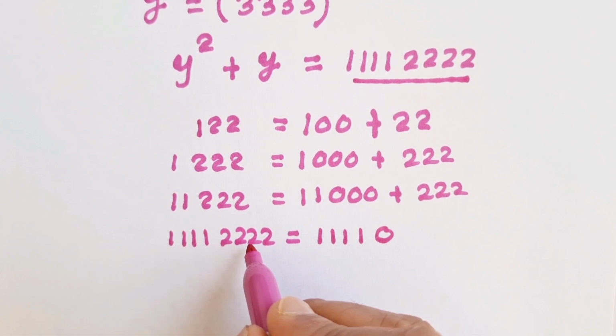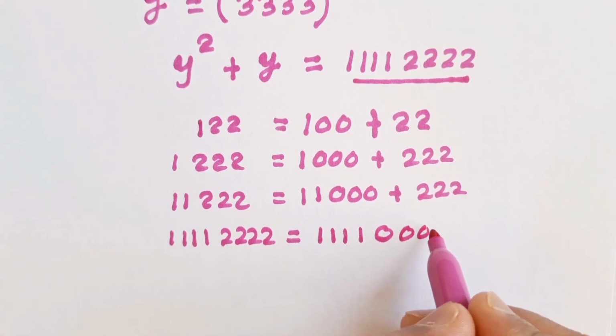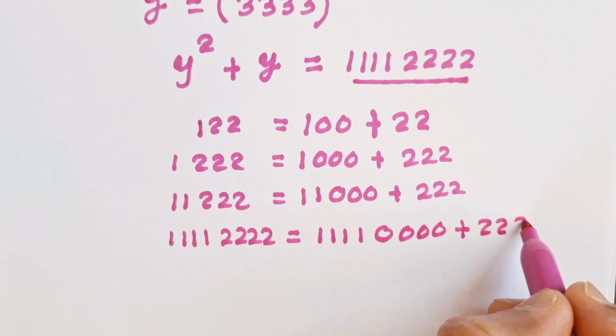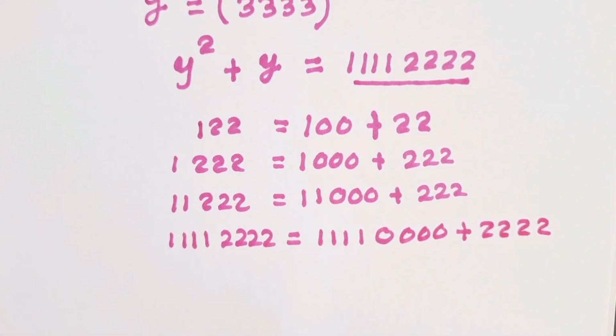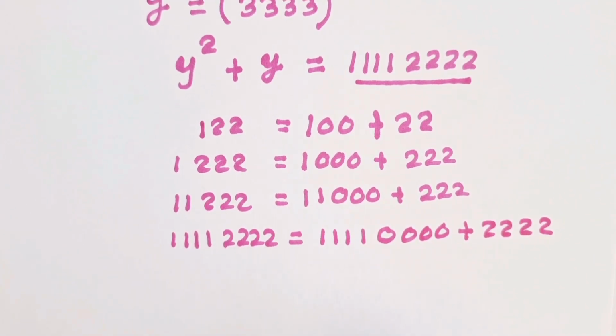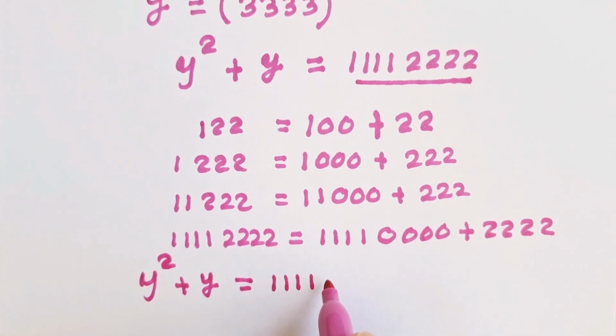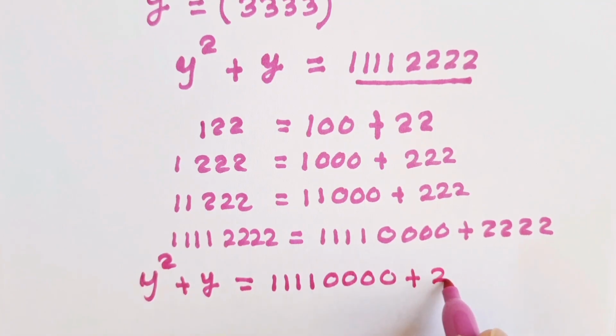We have four 2's here, 4 zeros, and we can add 2222 at the end. We have the same number then. Now our equation is y square plus y, which is equal to this number plus 2222.